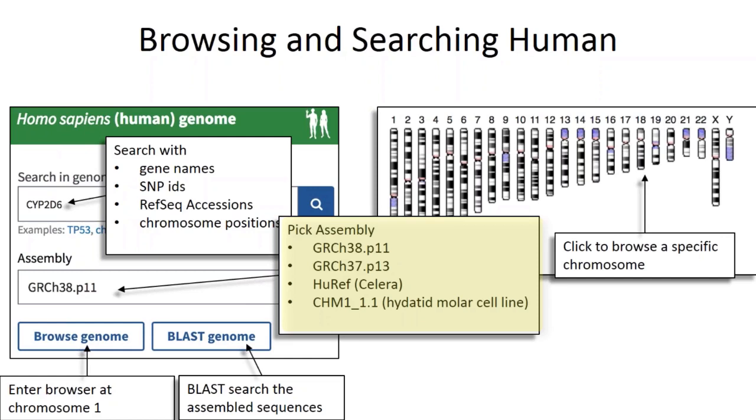You can also search some alternate assemblies, the HuRef assembly, the Celera genome, and the hydatidiform mole cell line assembly, CHM1_1.1. There's a browser function where you can enter the browser itself at chromosome 1. You can BLAST a specific database that contains the particular assembly you're interested in. And of course, this ideogram view allows you to click and browse a particular human chromosome if you like.